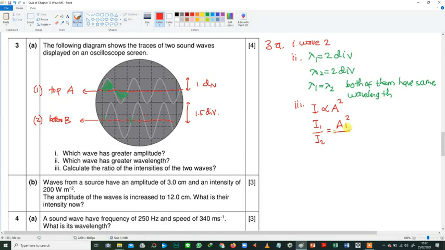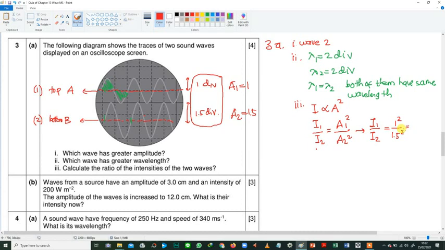So I1 over I2 equals A1 squared divided by A2 squared. Here A1 is 1 division, A2 is 1.5. Remember, ratio is the comparison between them, so I compare I1 with I2. You will get 1 squared divided by 1.5 squared.